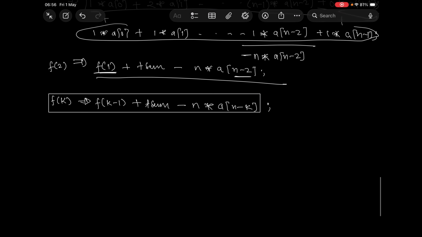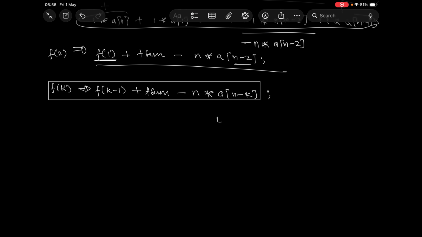Our approach would be something like, we will calculate f of 0. That will be our previous value. That is the first step. Second step is, we will also calculate the sum, that is total sum.